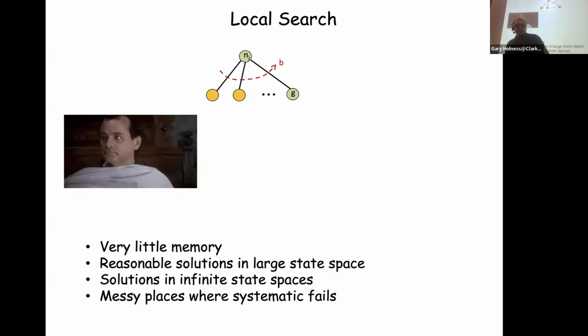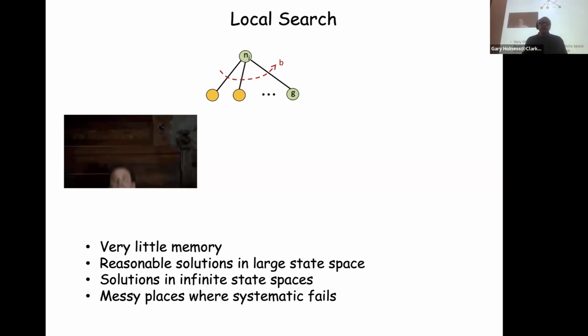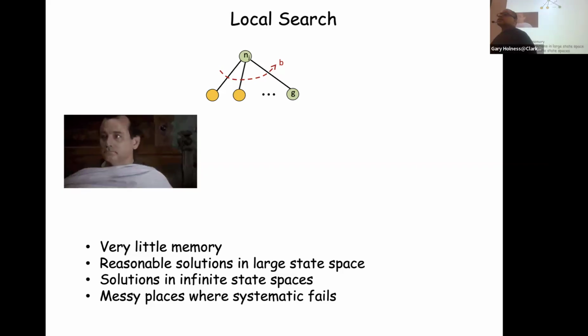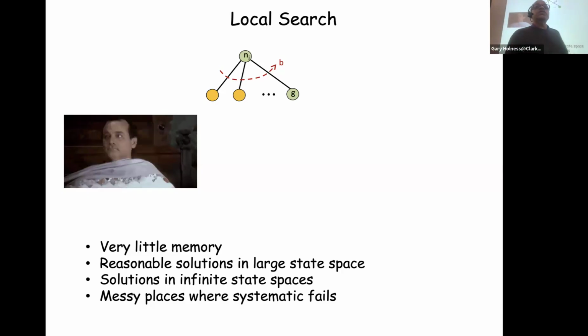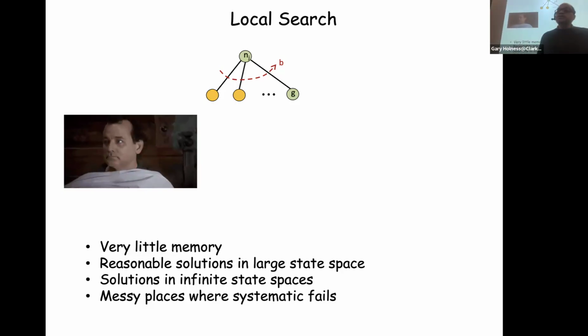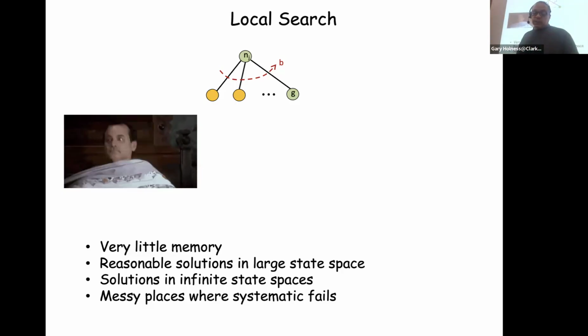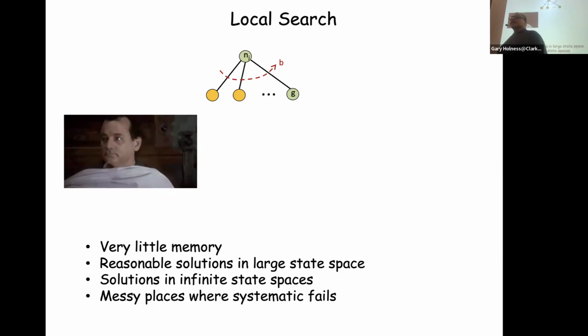But the other benefit is that this can give you reasonable solutions in very large state spaces. With so-called systematic search, just by sheer definition, having to hold on to all of the nodes in the frontier and all of the nodes in the reached data structure, if you have very large state spaces, those methods are going to fail very fast, right?